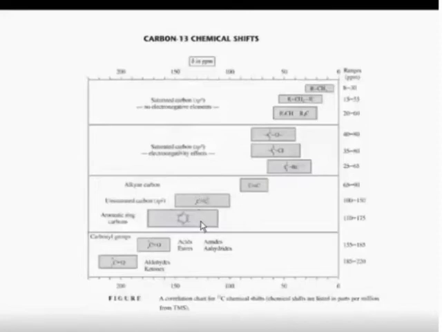The circulating pi electrons cause significant deshielding, shifting those carbon signals more to the left with delta values around 120, 130, 140 or so. Here is a carbonyl carbon. There is the effect due to the circulating pi electrons and also the inductive withdrawing effect of the oxygen, and as a result the chemical shift is very, very large, greater than 150.